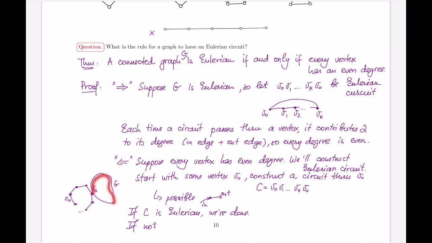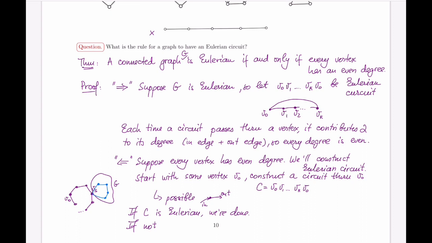If I repeat this process, once again, because the degree of every vertex is even, if I took out this circuit, I took out the degree 2 from every vertex involved, which left me with still even degrees for everything. And I'll be able to then find a circuit for this special vertex VS.